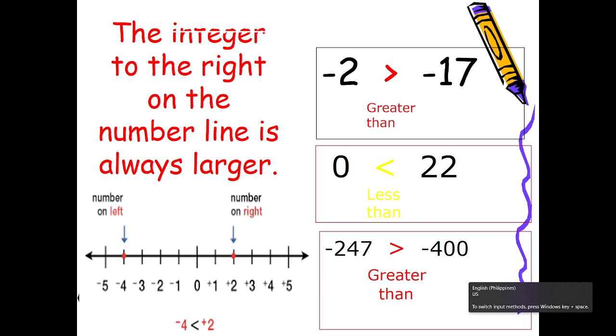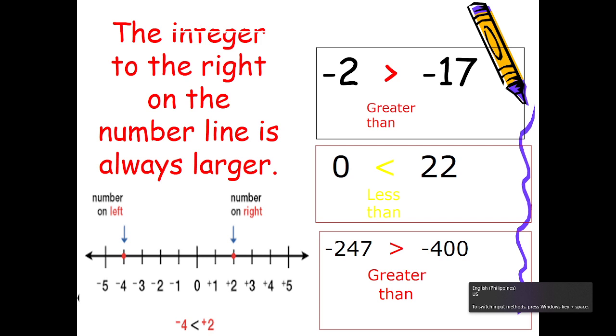If we compare these two integers, which by the way are both negative, we should think of their location with respect to the number line. So in this case, -2 is at the right of -17. Therefore, -2 is greater than -17.